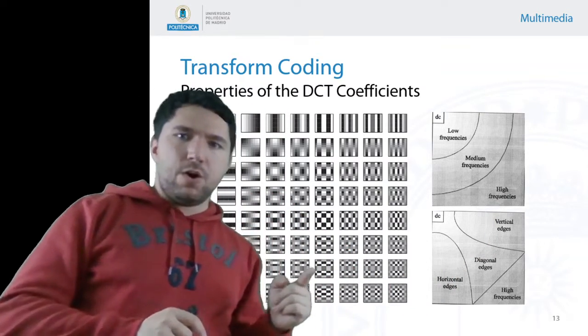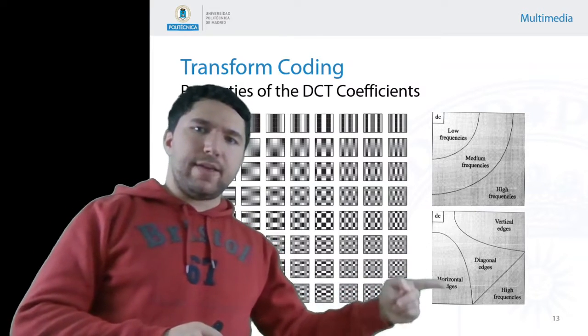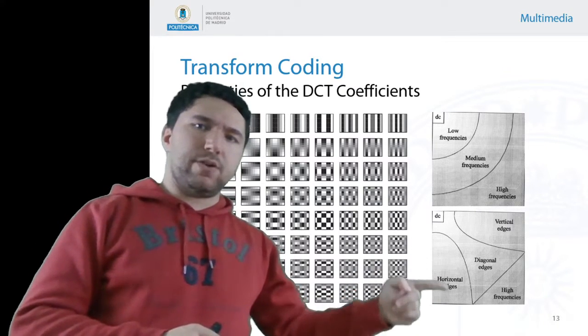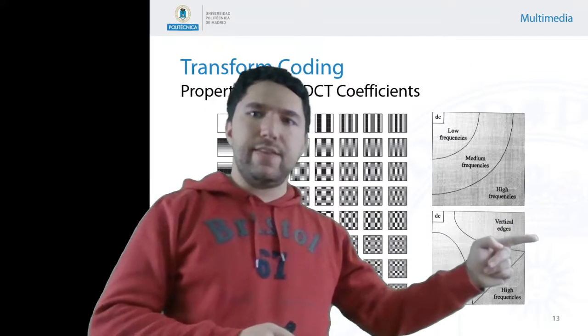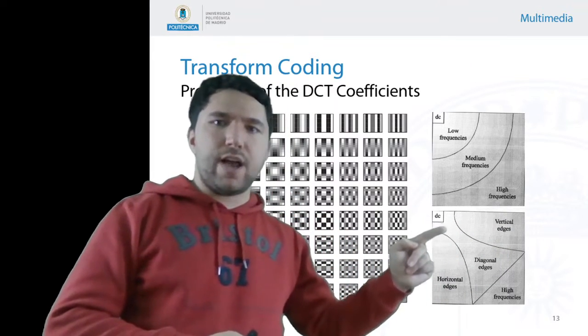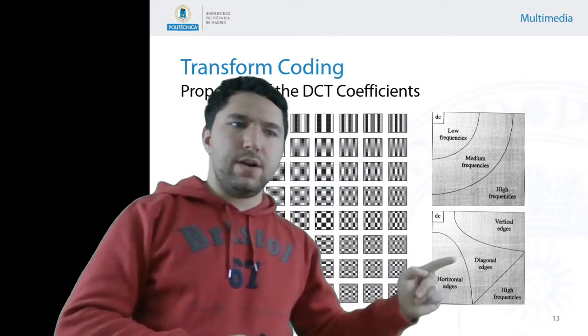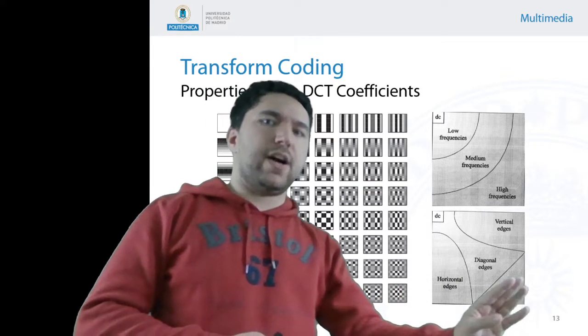Specifically, horizontal edges are placed in this part of the matrix, vertical edges in this part, diagonal edges here, and here we have even higher frequencies.